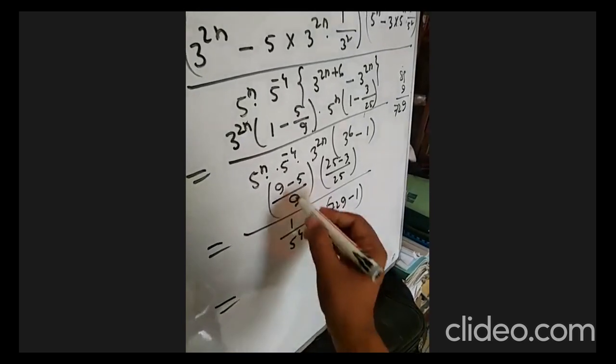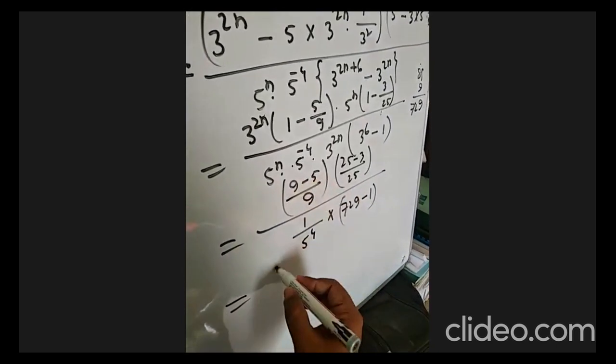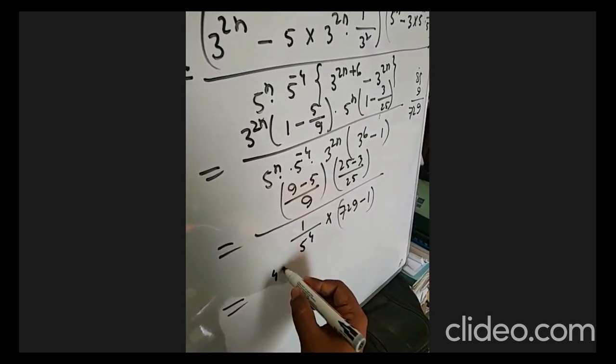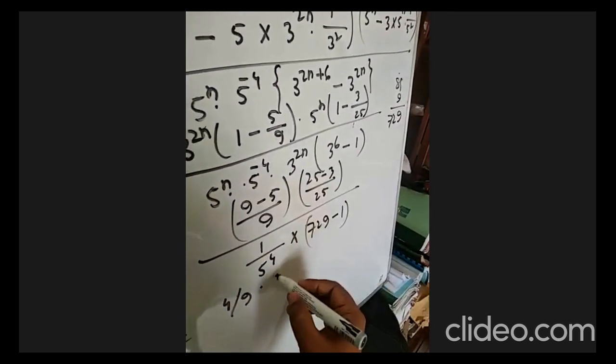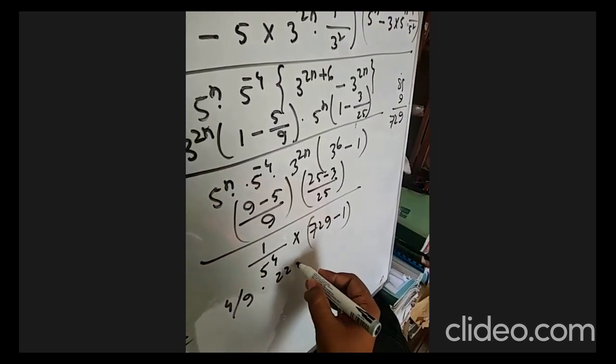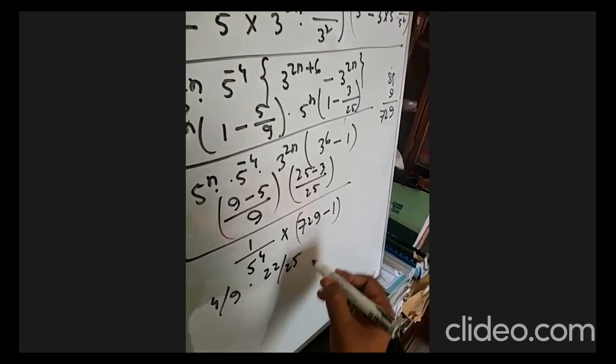So this can be written as 4 by 9 multiplied by 22 divided by 25.